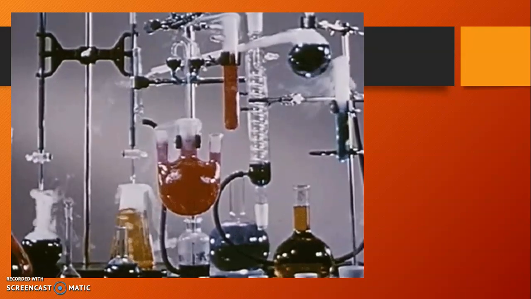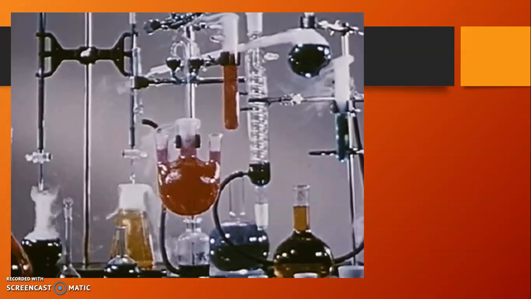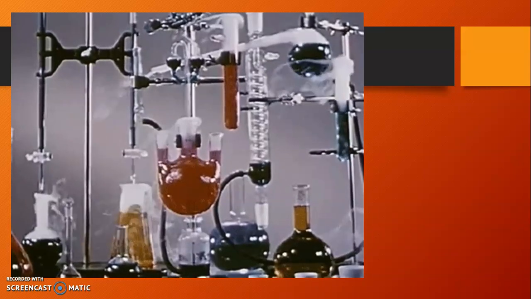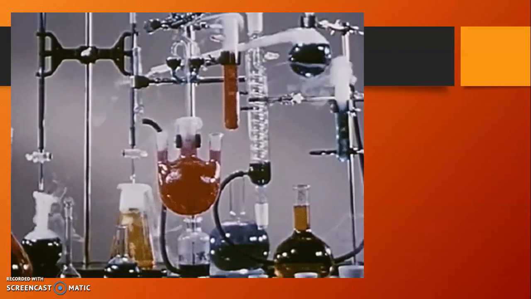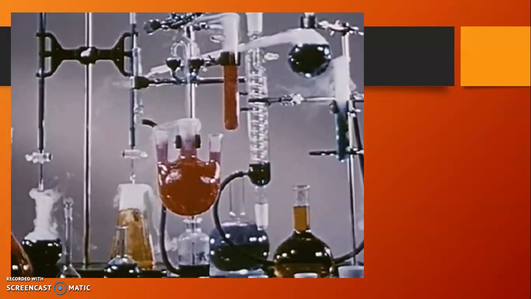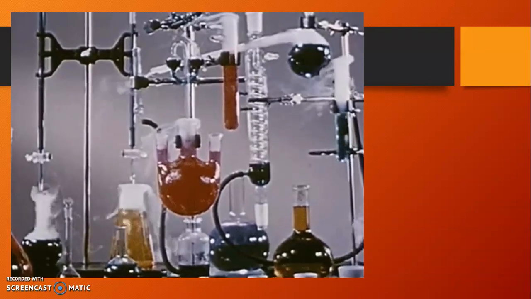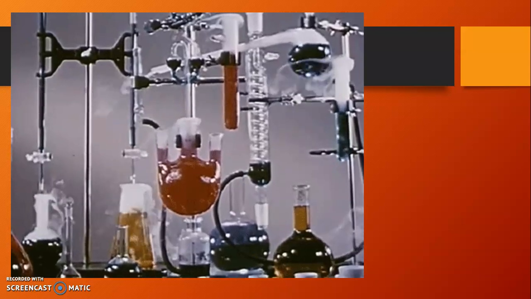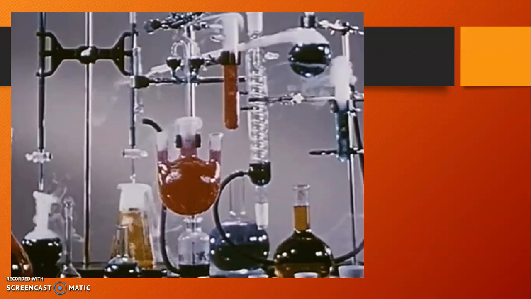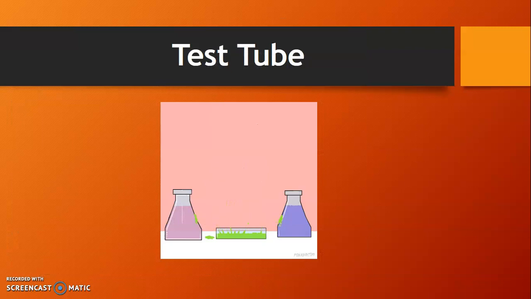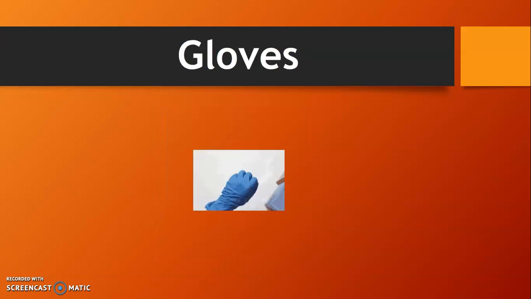In laboratories it's necessary to have all of these, because most of the time when we mix substances or chemicals, we have vapor and explosion, and it's very dangerous. So the test tube is important to understand and learn.